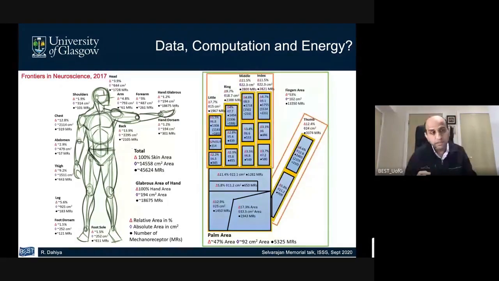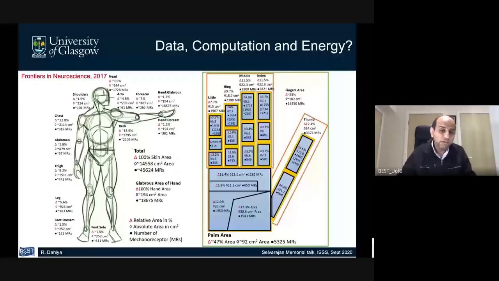But if you look at skin, as an example, the palm area itself has 5,325 mechanoreceptors. These are just rough estimates. In actuality, there may be much more than this number of receptors present in the skin. And if you add temperature-related receptors and pain-related receptors, this number will be quite high.